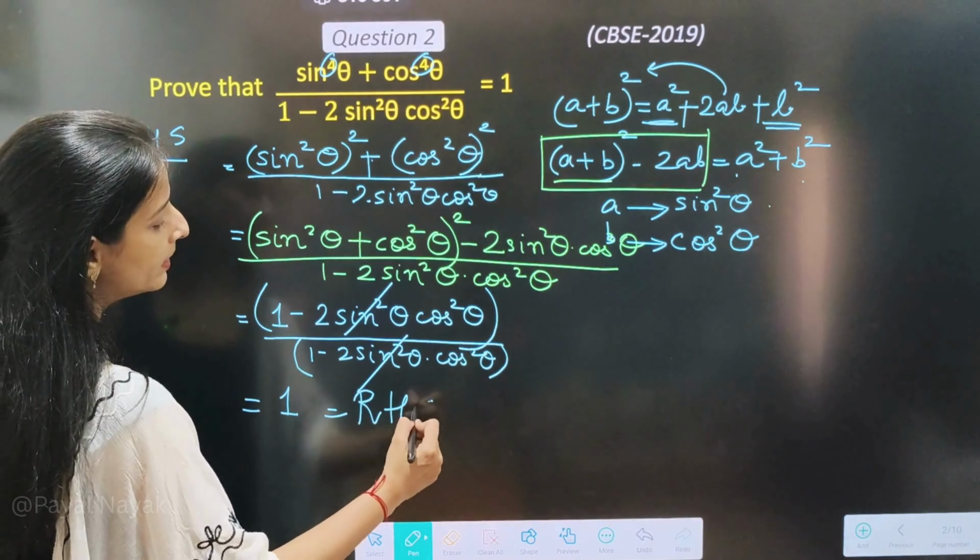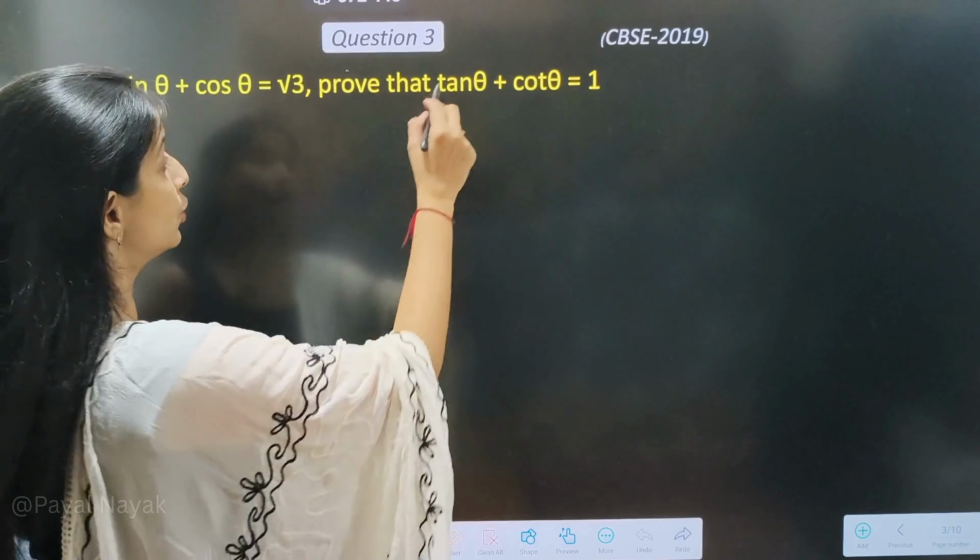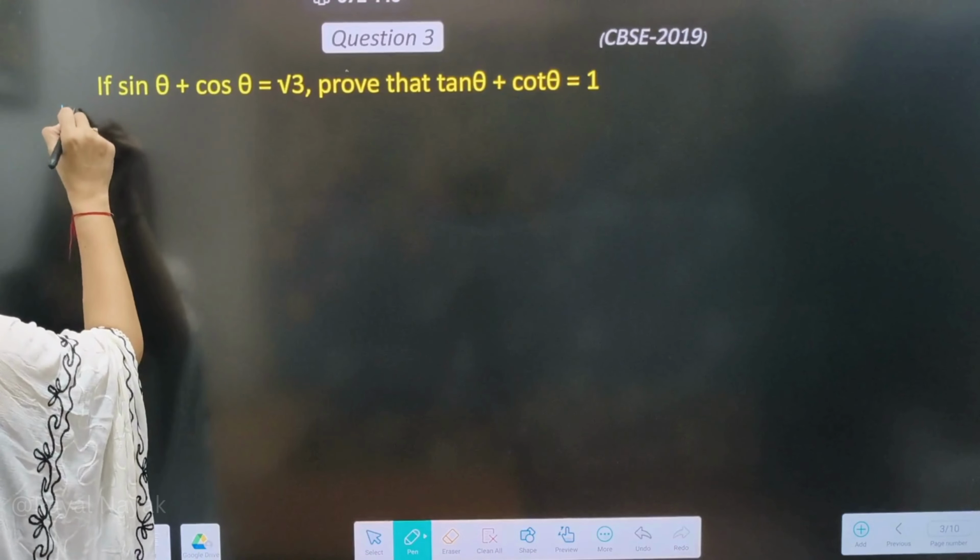Now let us move on to the next sum. Now question number 3. If sine theta plus cos theta is root 3, prove that tan theta plus cot theta is equal to 1. So this is your LHS.